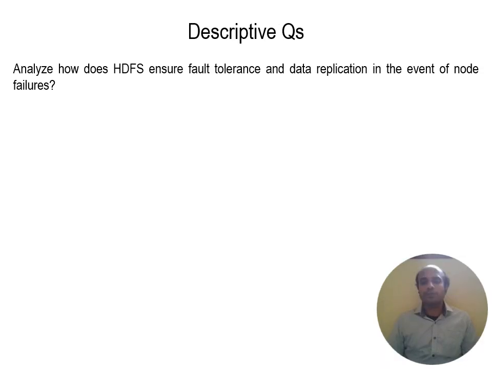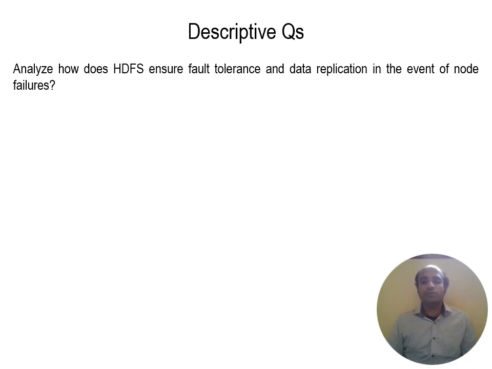So next is the descriptive question. For this topic, we have one descriptive question, which is: analyze how does Hadoop distributed file system ensure fault tolerance and data replication in the event of node failures.